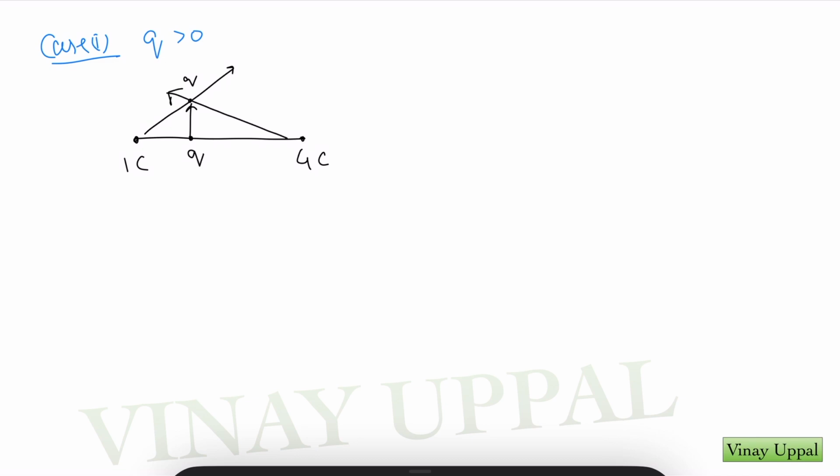So once again, I am taking the first case that the charge is positive. So I have 1 coulomb, I have 4 coulomb, and this positive charge is, let's say, displaced along the y-axis. You should be able to see that this charge will get repelled by the 1 coulomb and it will get repelled by the 4 coulomb as well.